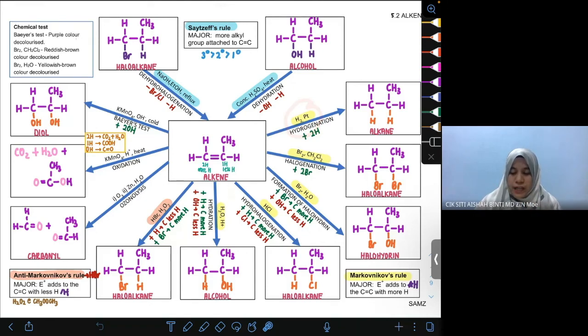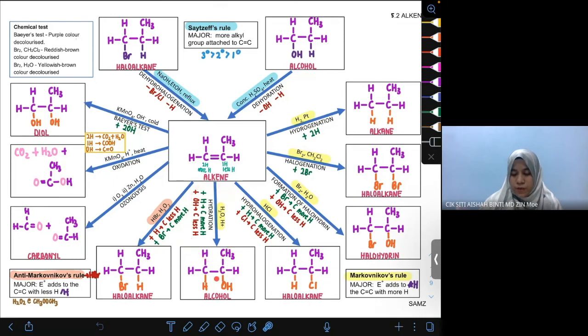Next is halogenation in inert solvent. Inert solvent also adds identical atoms. The formation of halohydrin is a bit tricky because we add bromine and OH. This is hydrohalogenation, where we add our hydrogen as well as our halogen. And then we have hydration.